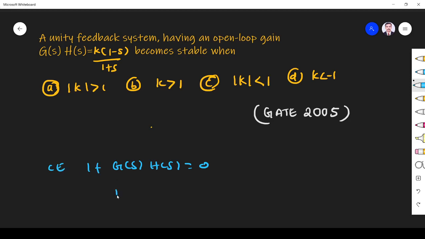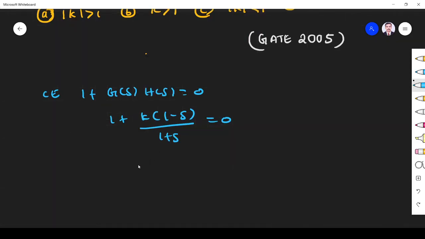So 1 plus k into 1 minus s divided by 1 plus s is equal to 0. This implies 1 plus s plus k minus ks is equal to 0. If I take s outside, it is 1 minus k times s plus k plus 1 is equal to 0.